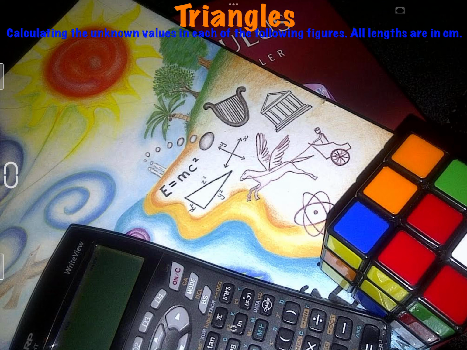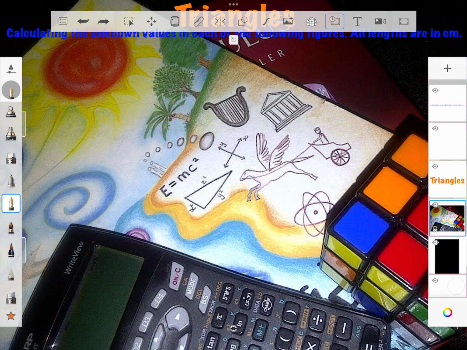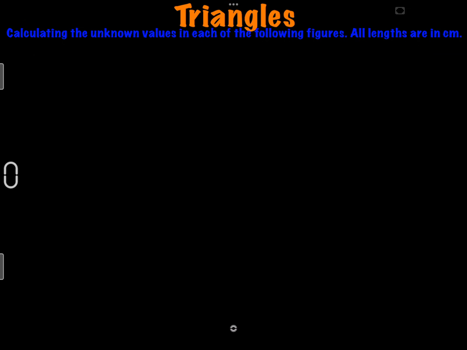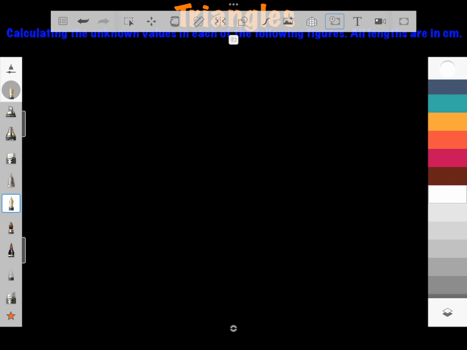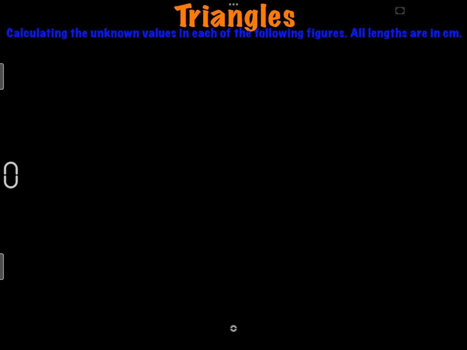Today we are looking at triangles and we'll be specifically calculating the unknown values in each of the following triangles. All lengths are in centimeters. Now suppose you are given a triangle. I'll call this example A. So we have our triangle.